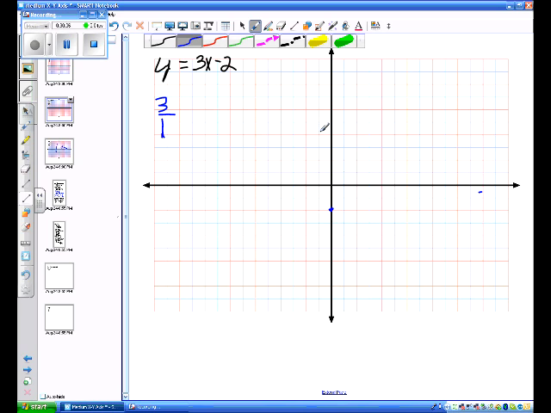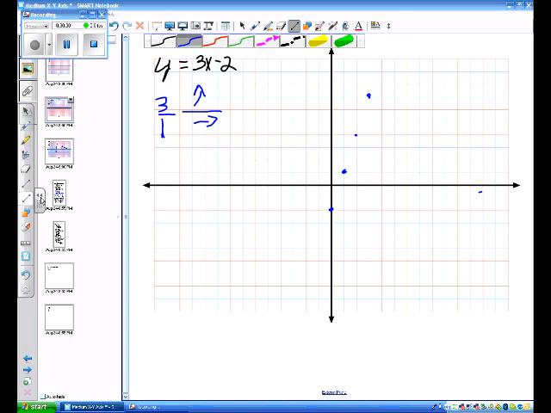And the first few times that you do this, since it's a positive, we're going to be going up and to the right. I always go to the right if I can. Now, if I run out of room, then I might have to go back to the left. But I go up 3 to the right 1, up 3 to the right 1, and that gives me then my line.